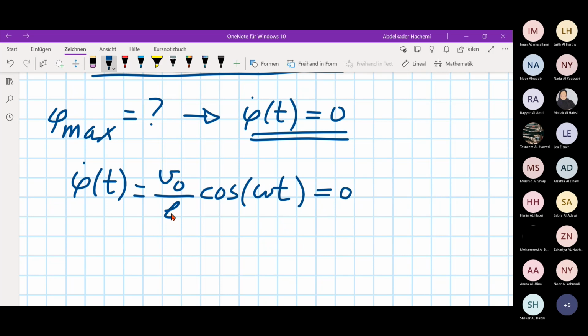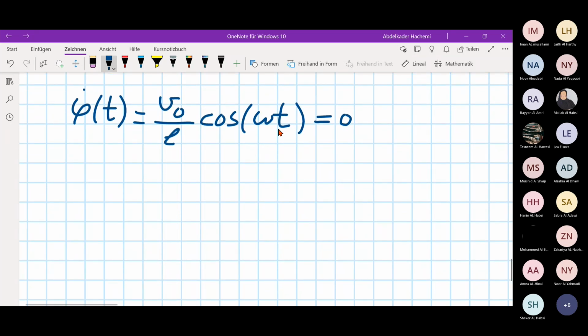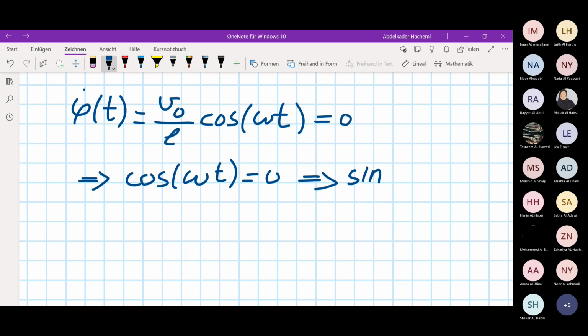V0 and L are constant. In this case, we have only cosine omega t should be equal to 0. That means if cosine is equal to 0, then sine omega t should be equal to 1.